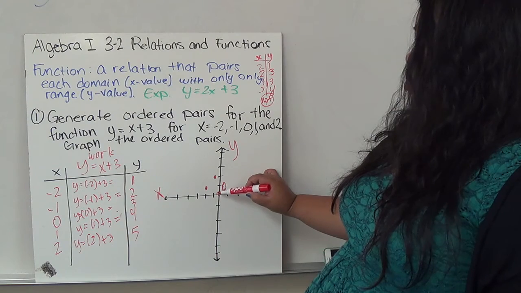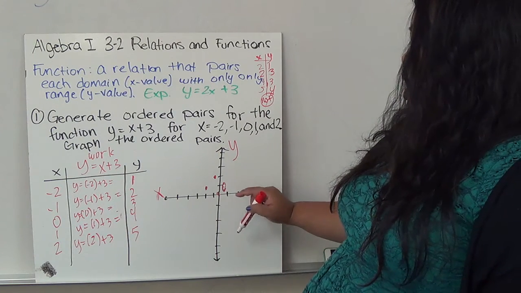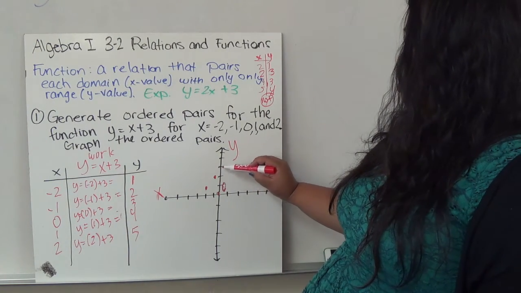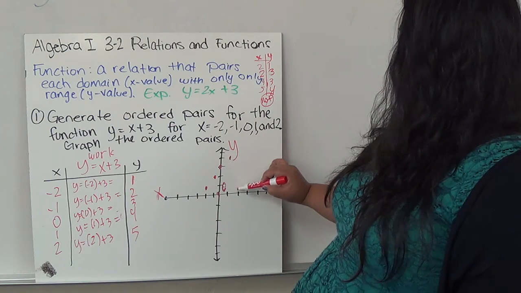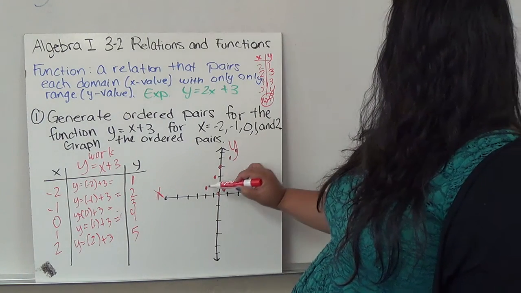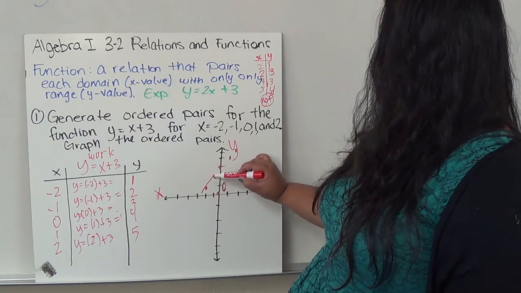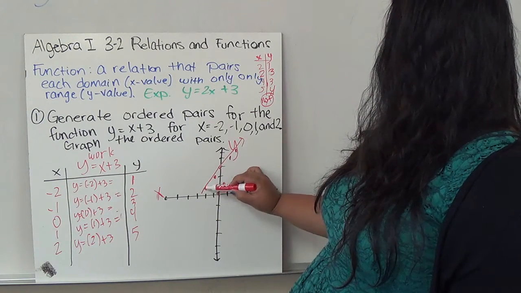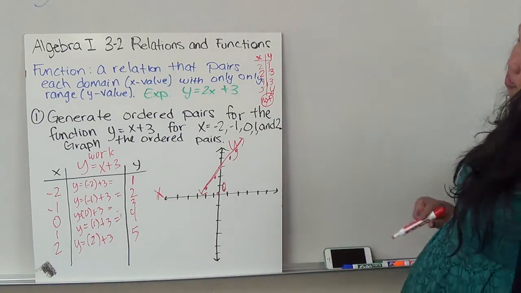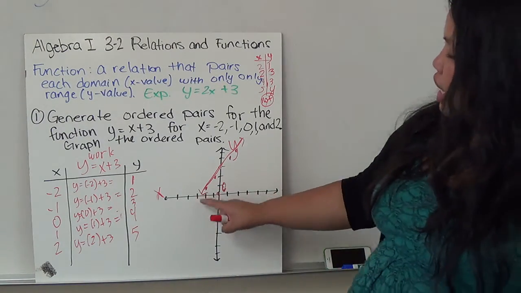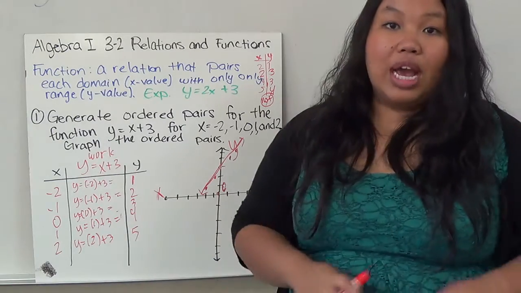And then I'm going to go 0, and up 3. I'm going to do 1, and up 4, and 2, up 5. And then I'm going to connect.